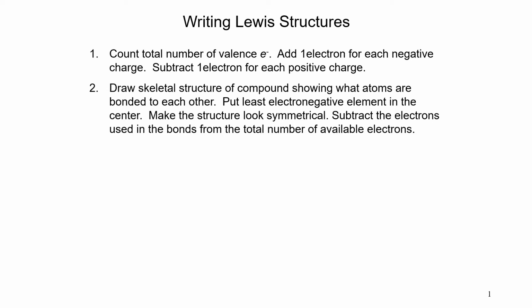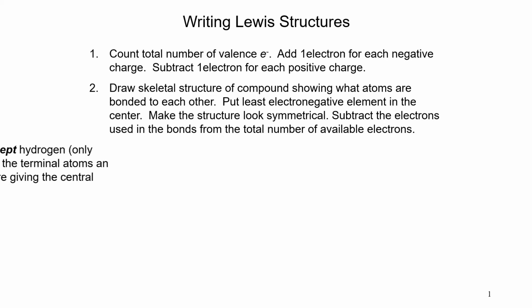We want to make the structure look symmetrical. And after we have linked all the atoms together with a bond, and this is obviously in a covalent compound, we'll subtract those electrons that were used in the bonds from the total number of available electrons.